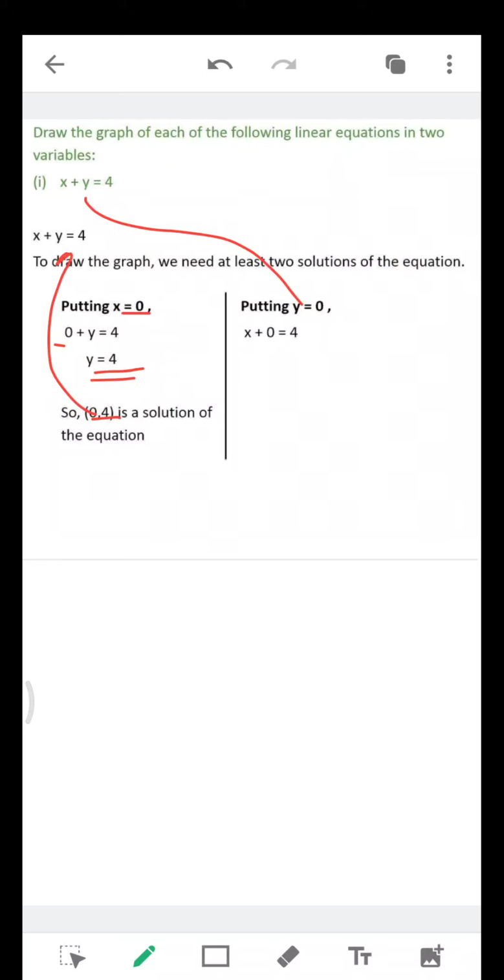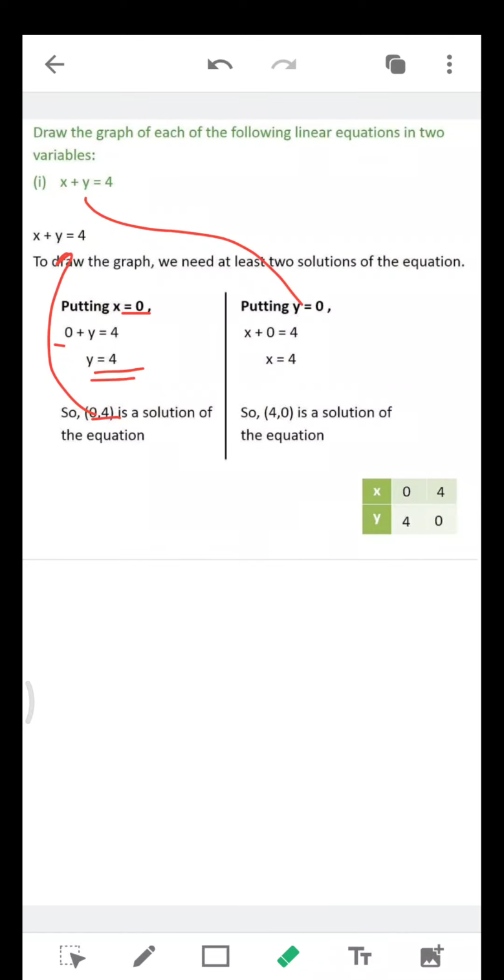Both are correct, okay. So here I am assuming y as 0 and I have got x is equal to 4. So 4 comma 0 is a solution of our equation. Got it everyone? So two solutions are enough for us to draw the graph.